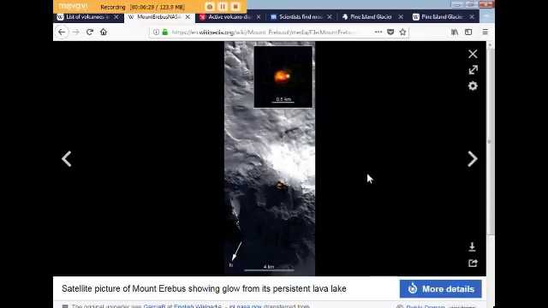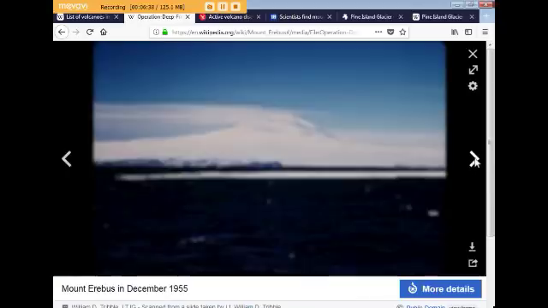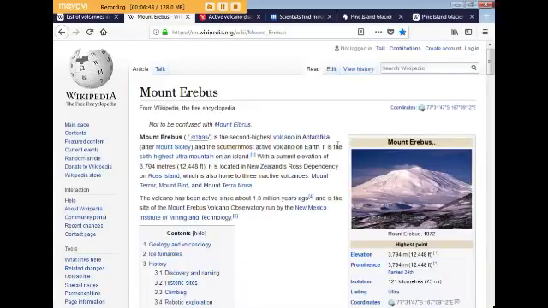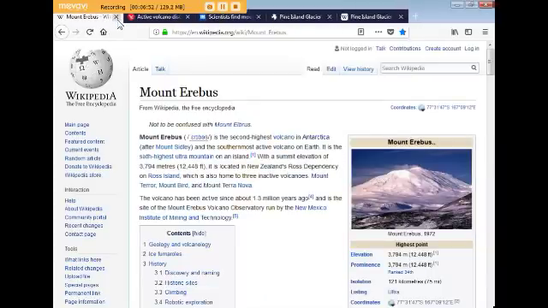So it's got a lava lake that can be seen from outer space down in the center of that, and that's what's active and is giving off stuff all the time. And here it is, Mount Erebus in December of 1955. So I'm closing these out as I finish with them.